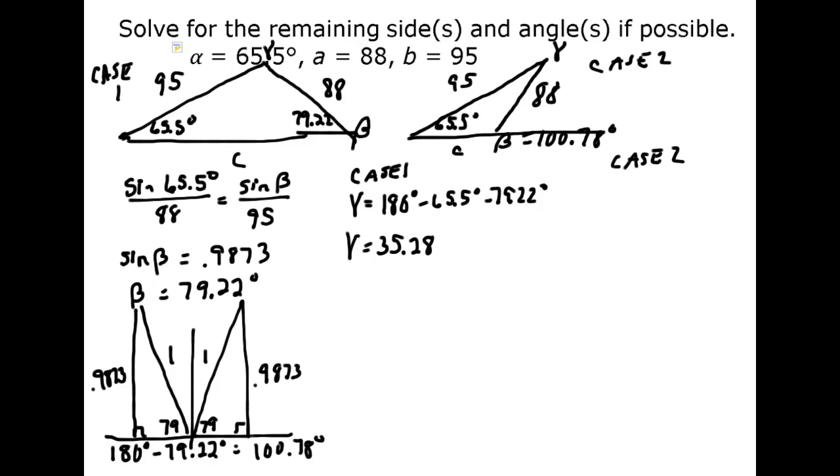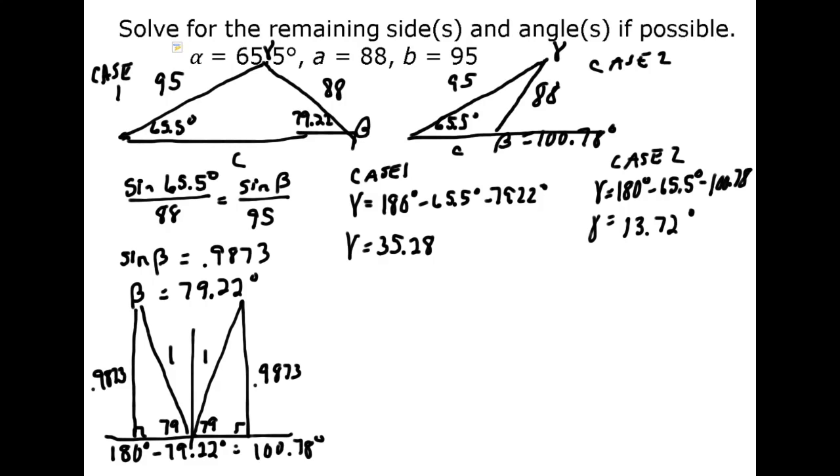On the other hand, in case 2, gamma would also be 180 degrees minus 65.5 degrees minus 100.78 degrees. So that's kind of squishy. But at any rate, gamma would come out to be 13.72 degrees.